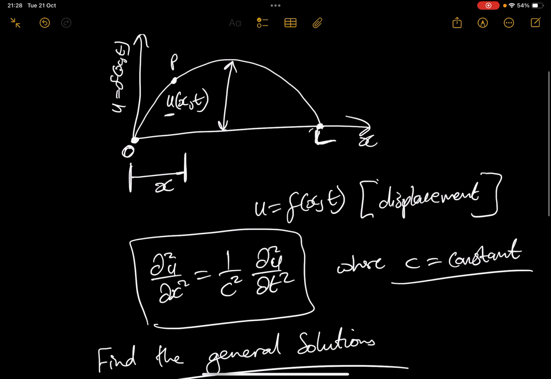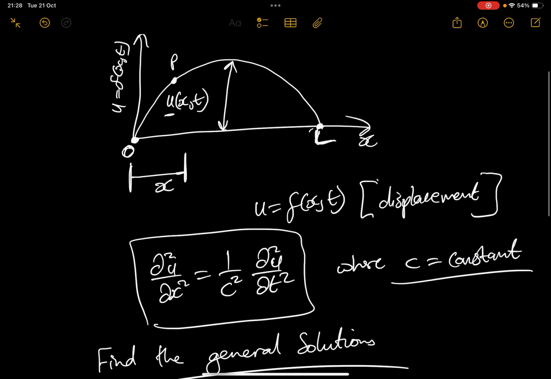Because remember we're evaluating with t, so if we take t and substitute here, not all values of t will make this expression c e to the power cpt plus d e to the power minus cpt equal 0. It cannot be 0 for all values of t.